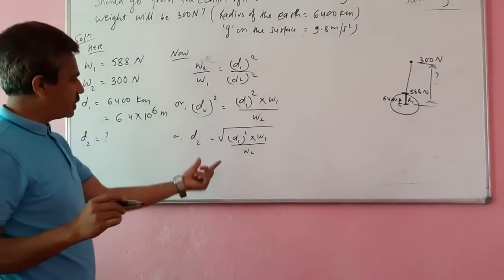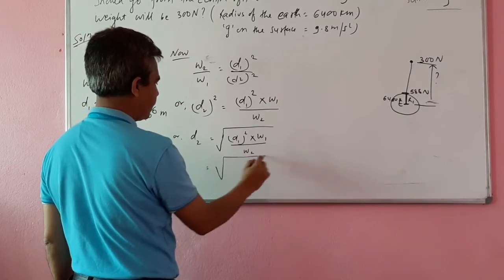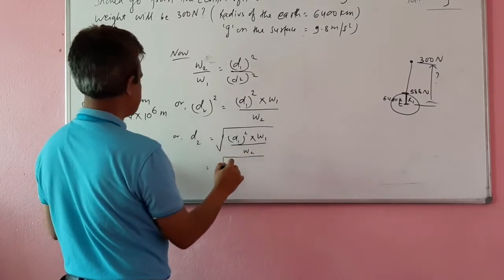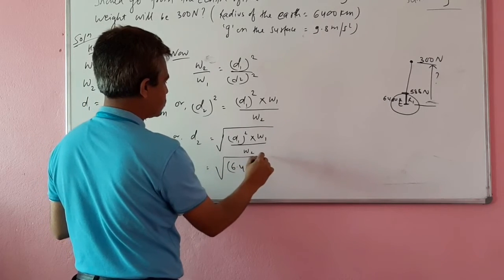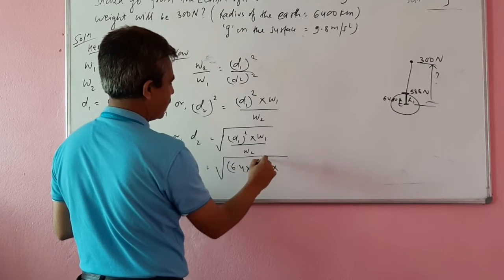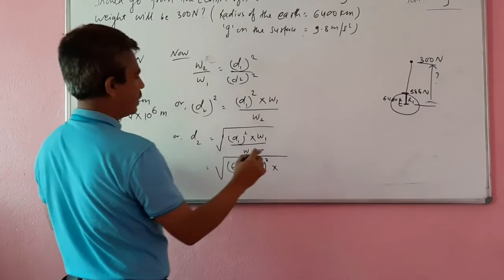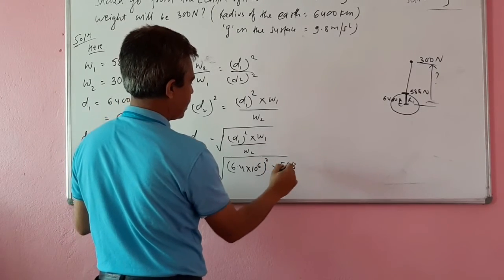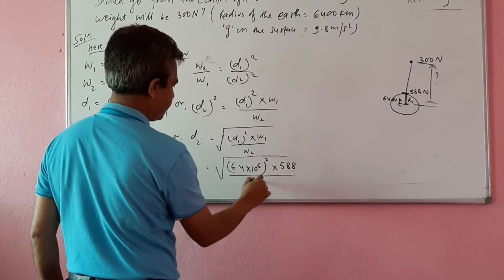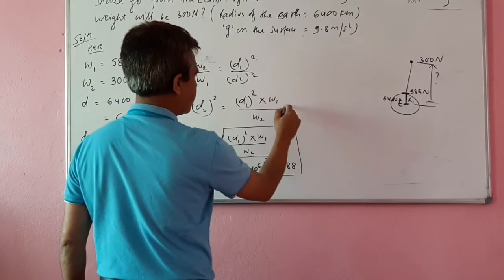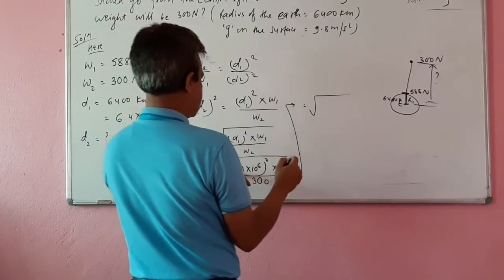Okay, my dear students, now just put in the values. D1 is 6.4 times 10 to the power 6 whole square, multiplied by W1, which is 588, by 300, right? Now simply multiply 6.4 whole square.